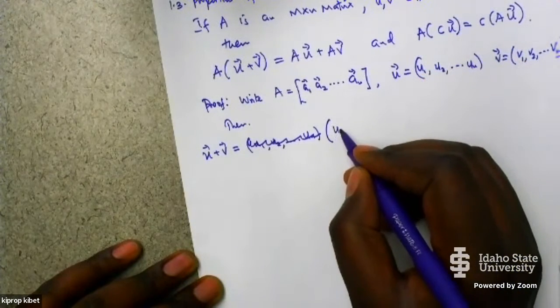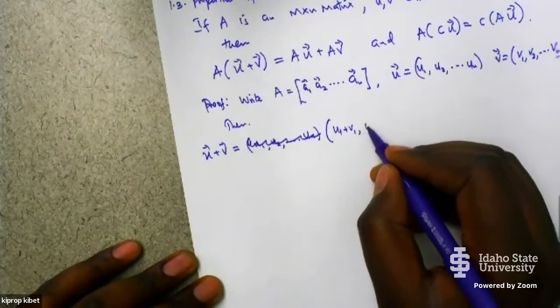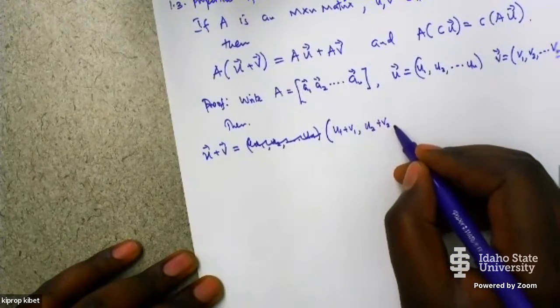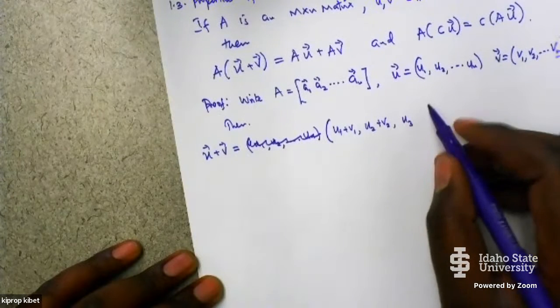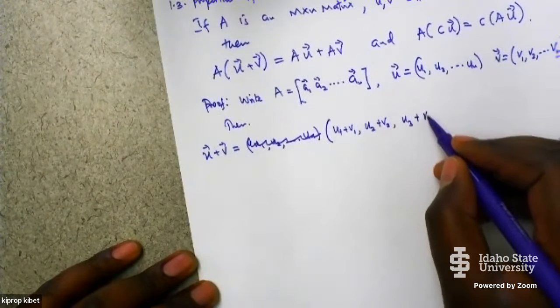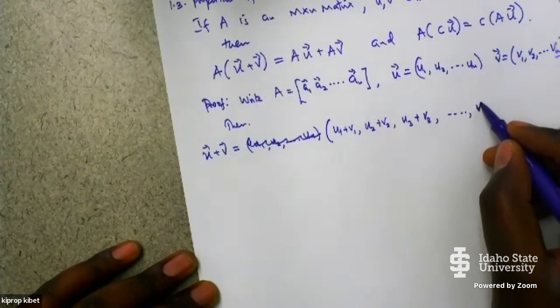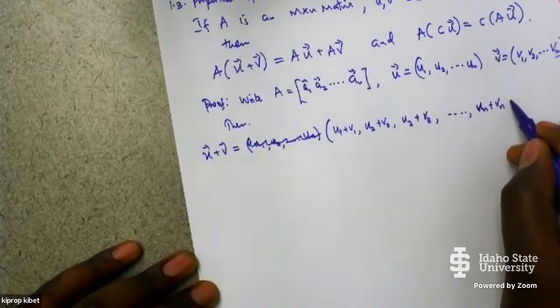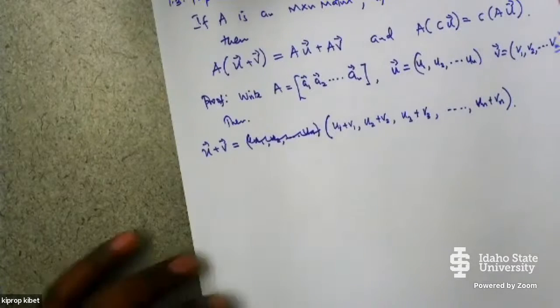The second one would be U2 plus V2. The third one would be U3 plus V3. And finally, the last one is UN plus Vn. So U plus V is that.